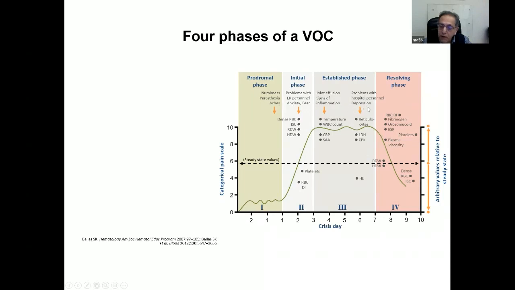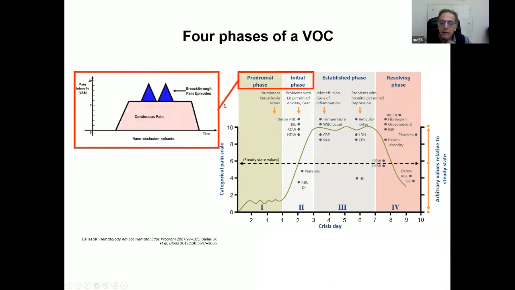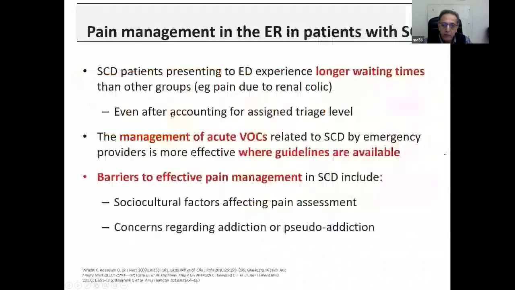All of these have been well documented, and all of these would require that the patient with a pain crisis receive a multi-faceted approach. And this is even more so for patients who suffer from continuous chronic pain and experience breakthrough painful episodes.